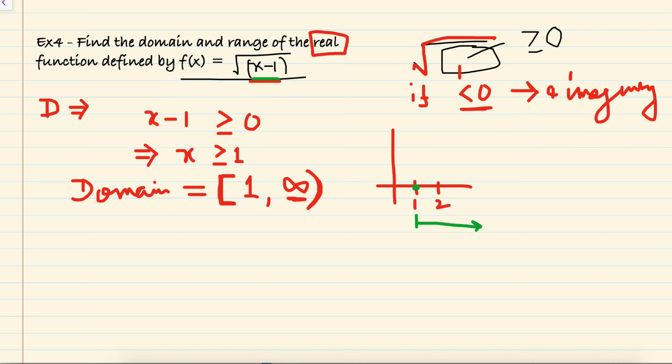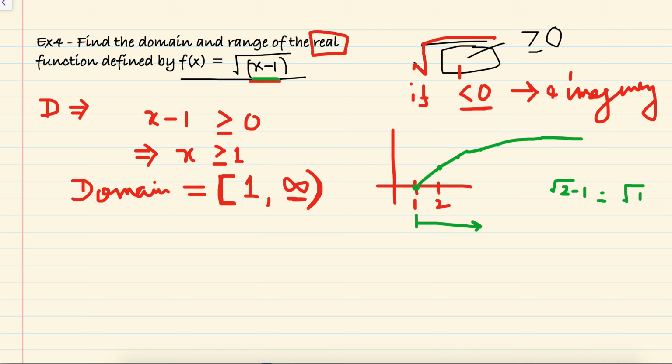At 1.5 or let's say 2, it will become square root of 2 minus 1, or square root of 1, which is 1. So at 2 it will become 1. At 3 it will become root 2. Root 2 is slightly more than 1, it's 1.4, so somewhere here. For 4, root 3 is 1.732. For 5 it will become 2. So it will be a curve like this.